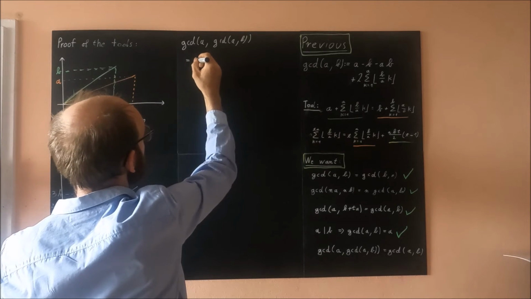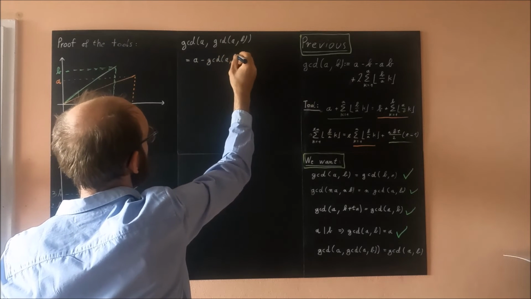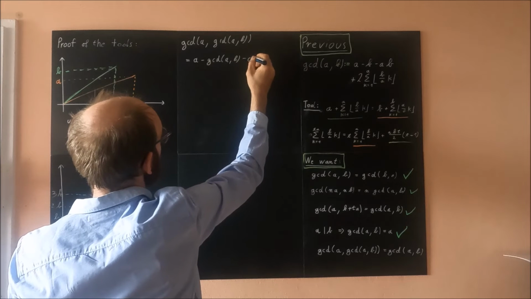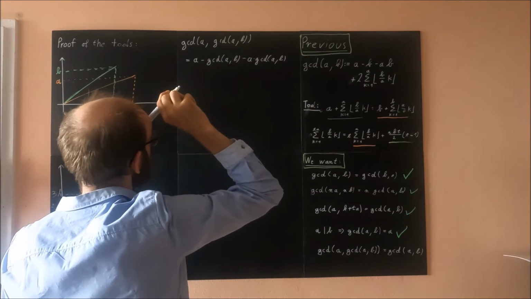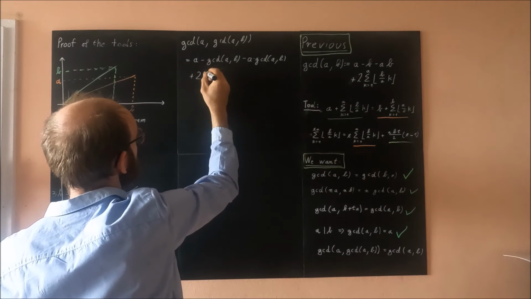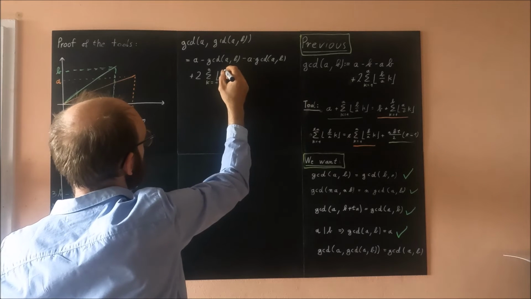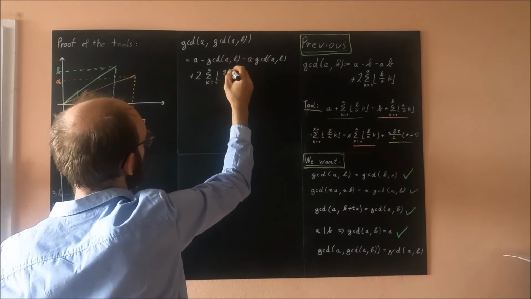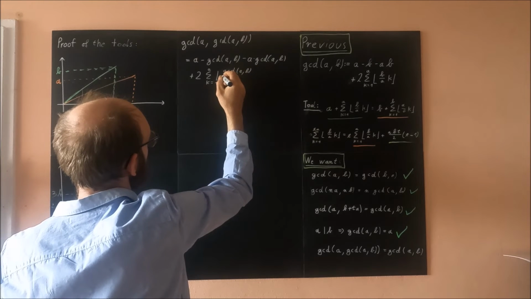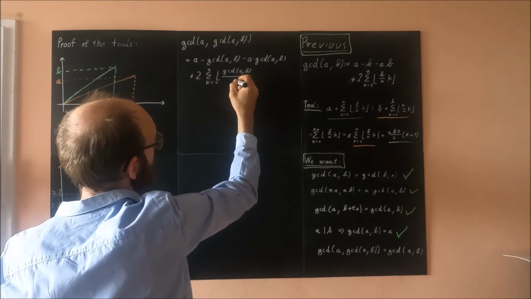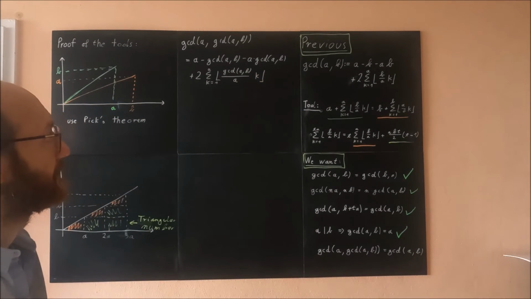This is by definition a minus the GCD of a, b minus a times the GCD of a, b plus 2 times the sum where k runs from 1 to a of the floor of GCD of a, b over a times k.